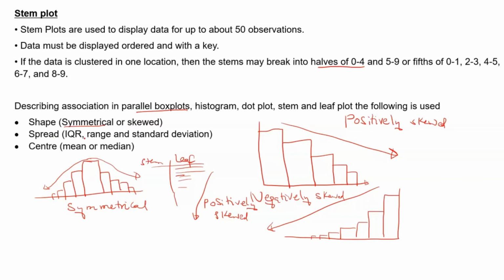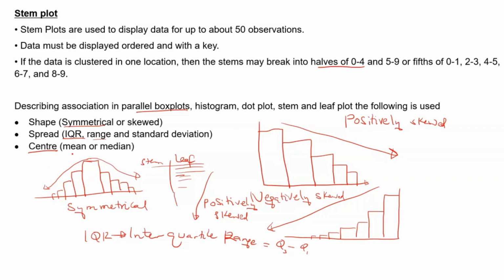Then the spread: the IQR, the interquartile range, which is Q3 minus Q1; the range, maximum minus minimum value; and the standard deviation.